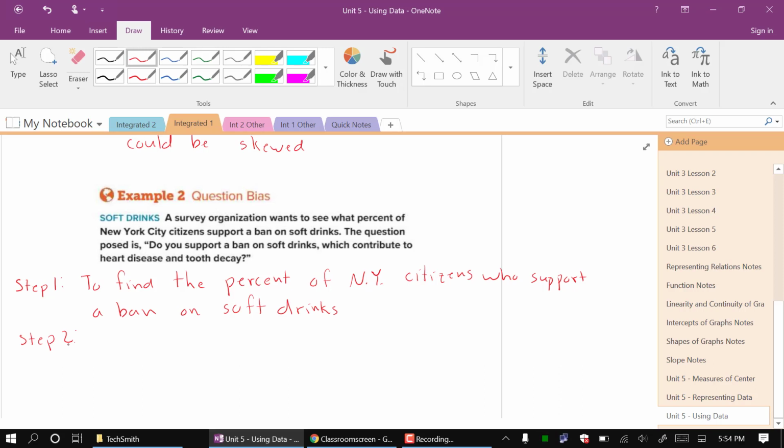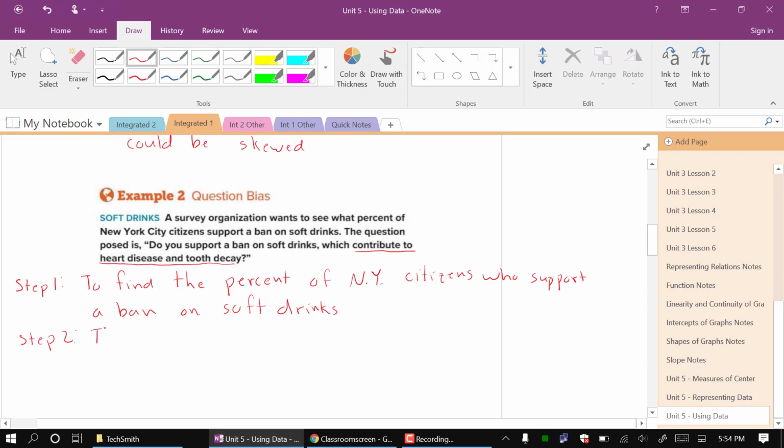So the question does have some bias in it, and here's what it is. If they just had asked, do you support a ban on soft drinks, it might be different than if you had asked, do you support a ban on soft drinks which contribute to heart disease and tooth decay? It's telling you what's happening when you drink soft drinks.